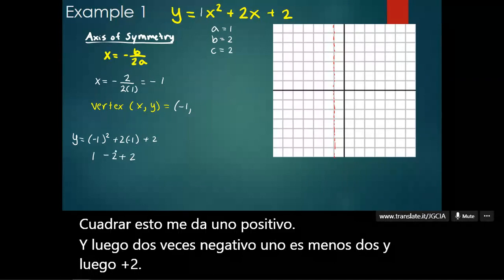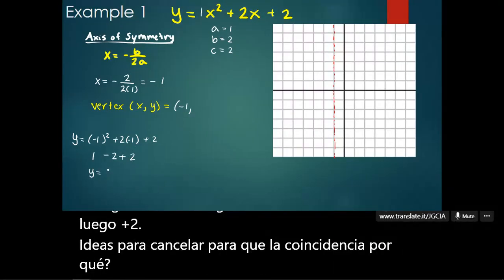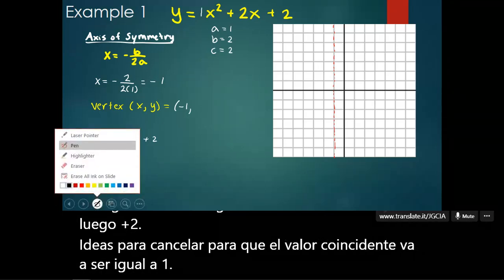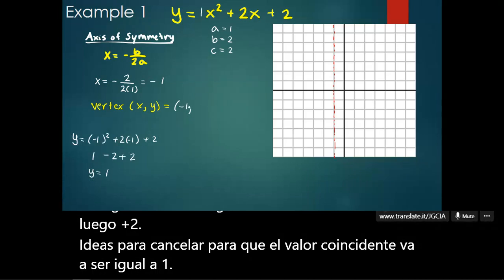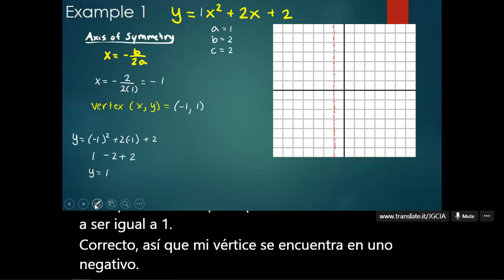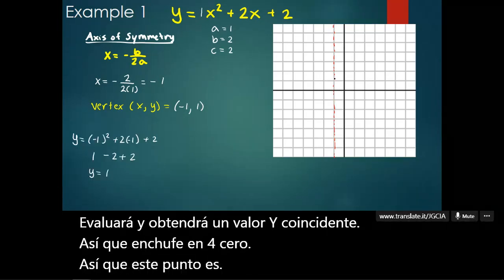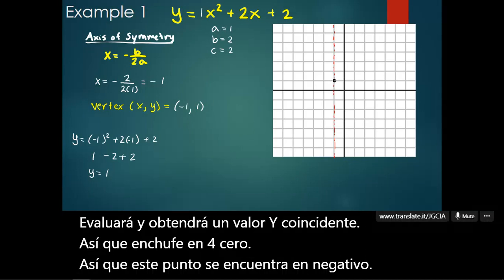Alright, these two cancel out, so the matching y value is going to be equal to 1. Alright, so my vertex is located at negative 1, positive 1. So this point is located at negative 1, positive 1, which is right here.